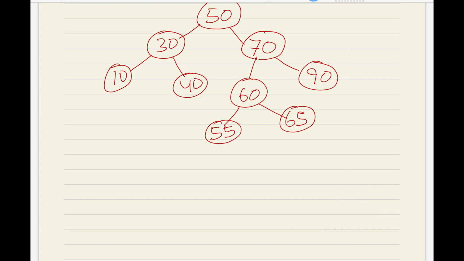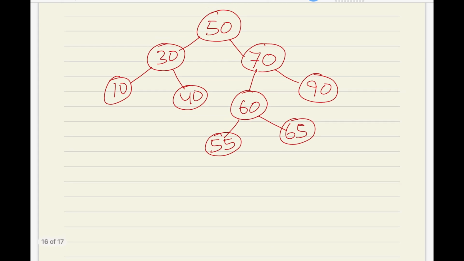Okay. So here you can observe, if you want to delete 70 that has two children, we can find the maximum of the left subtree and replace 70 with that. Or another option is to find the minimum of the right subtree and replace 70 with that.